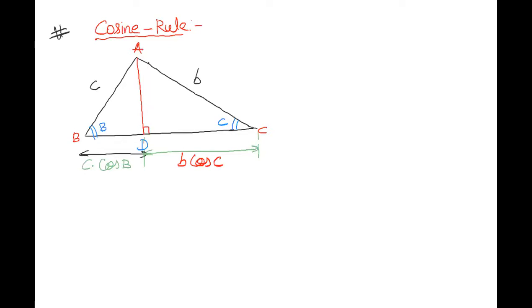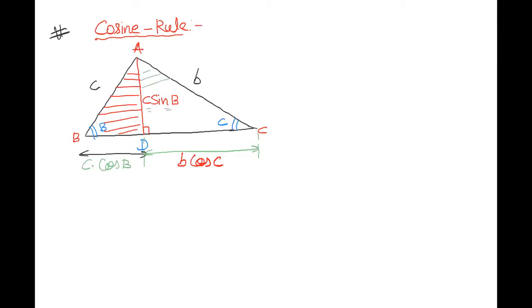So how to write this? Hypotenuse times sine of the angle. This triangle I am considering: hypotenuse c, sine of B. Now some student will definitely say, why only c times sine B?